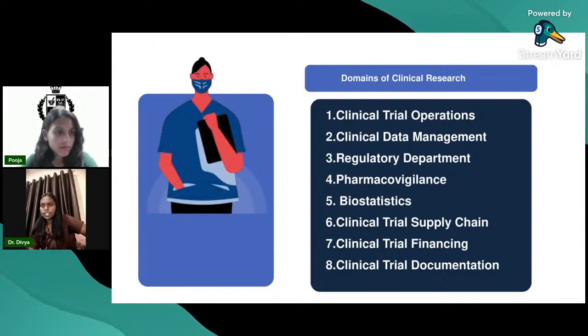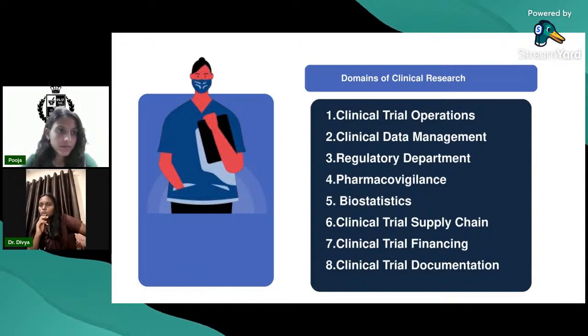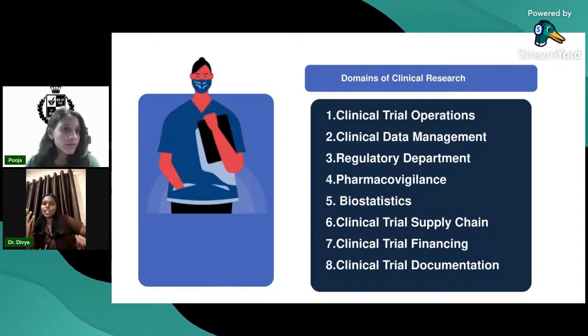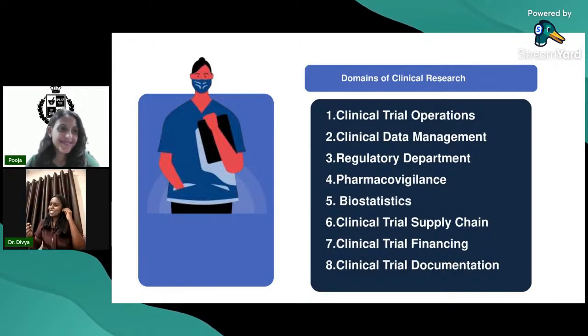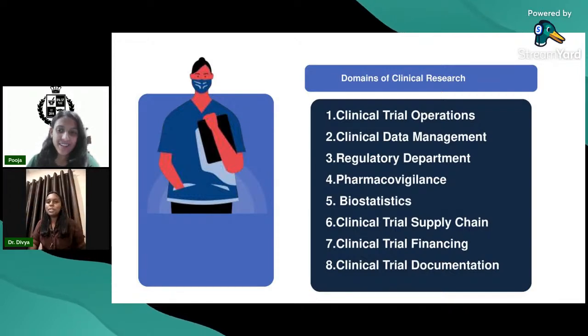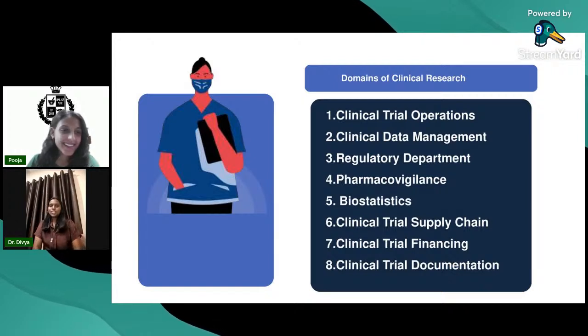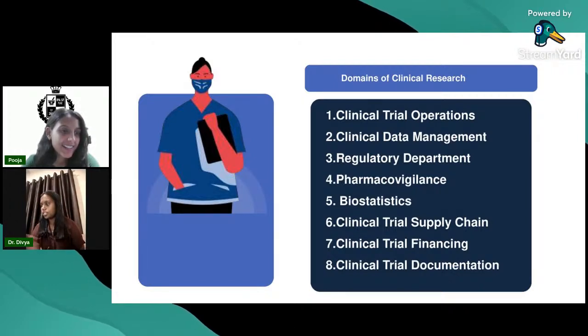Then the seventh one is clinical trial financing. There is no business or field in this world which runs without finance.